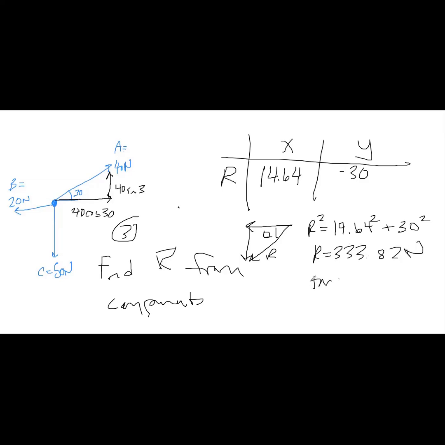And we can find our angle. Tan theta is 30 over 14.64, which is 63.99 degrees.